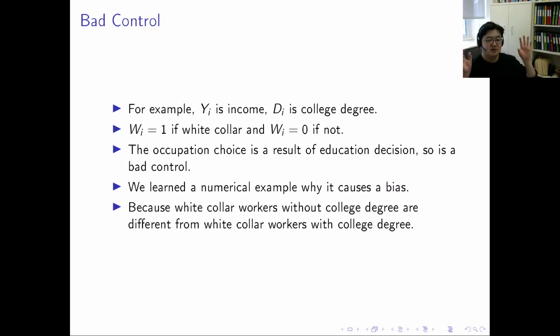If you include occupation, that means you are comparing white collar workers without college degrees to those with college degrees. But as you can expect, they are not the same on average. For example, if you think about a professor who does not have any PhD degree but became a professor, that means that person must be super smart, right?